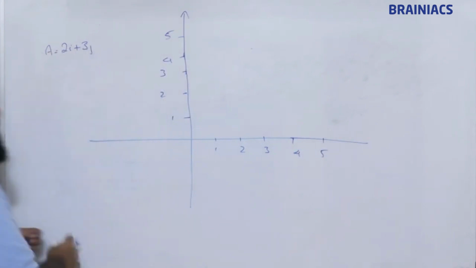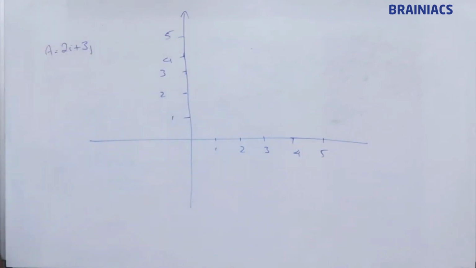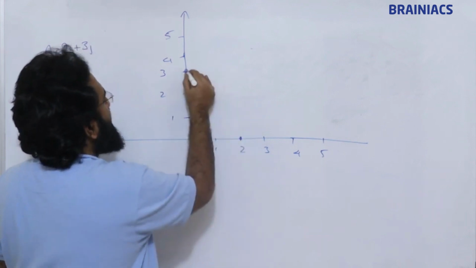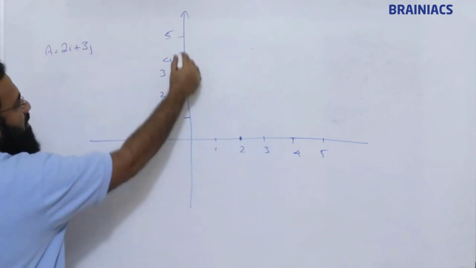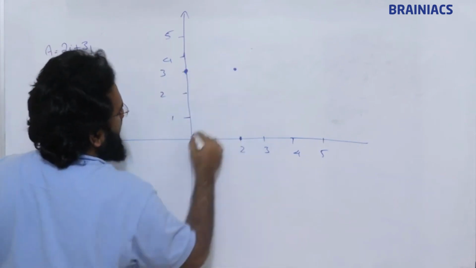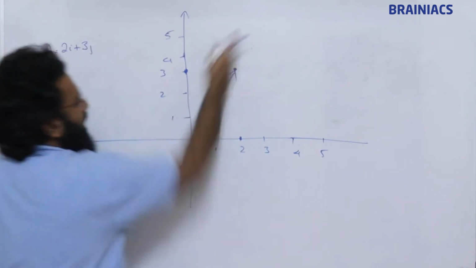How to draw 2i plus 3j here on the board? 2i means here, 3j means in this direction. Wherever it is crossing, we can mark this, and this is the vector in this direction.